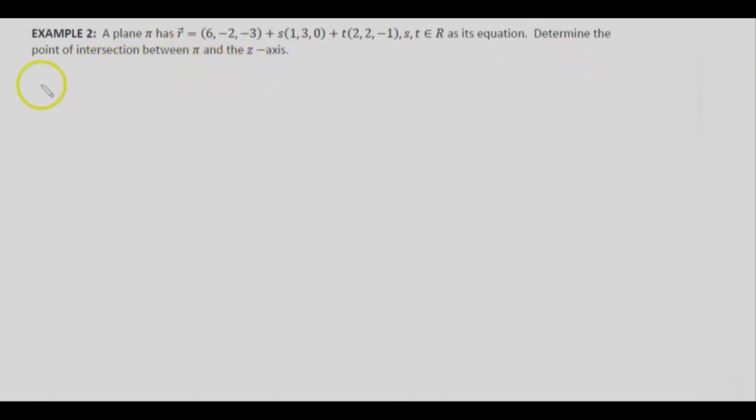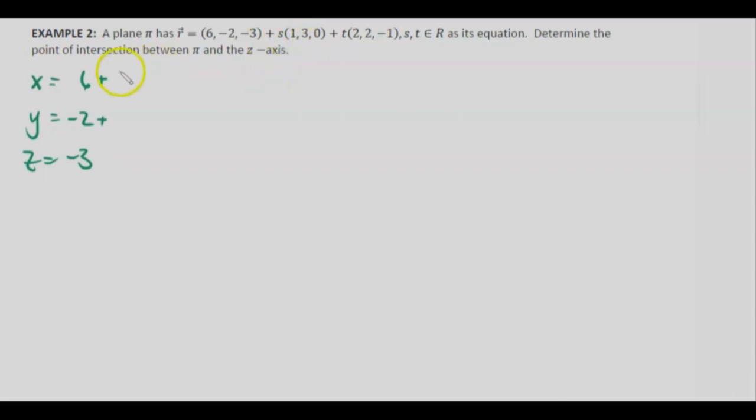Okay, so first what I'm going to do is I'm going to write the parametric equations of this plane. So 6, -2, -3 plus, and I did pluses all the way down here because all of these values here for s are positive. I'm going to take that back.